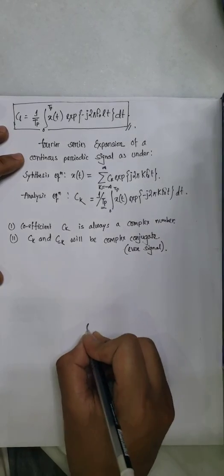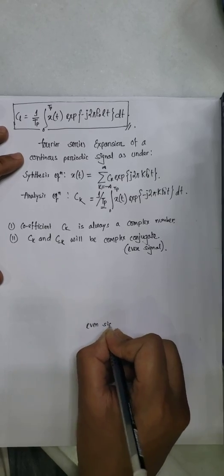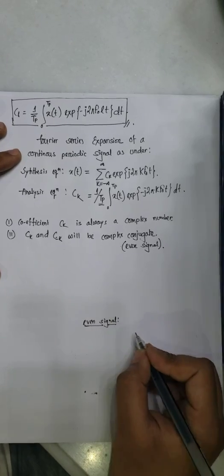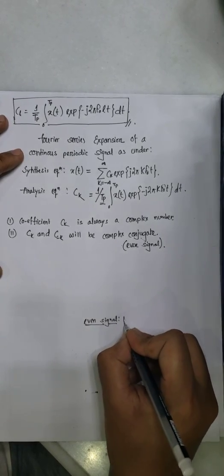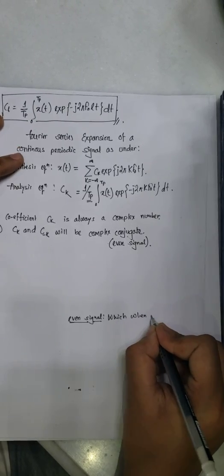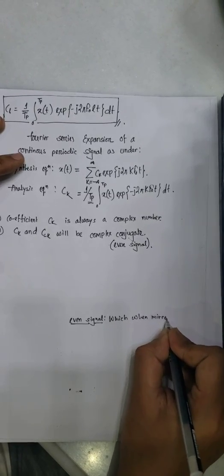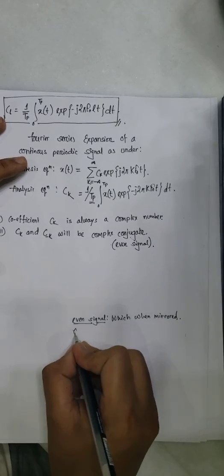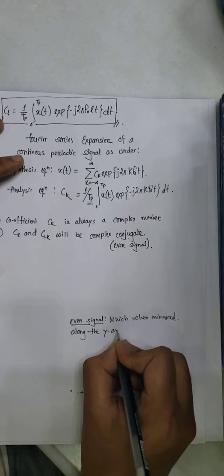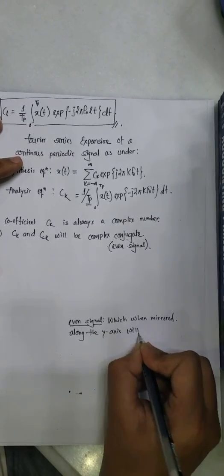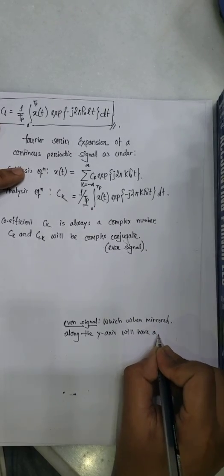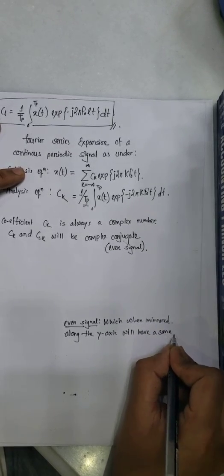An even signal is nothing but a signal which, when mirrored along the y-axis, will have the same value.